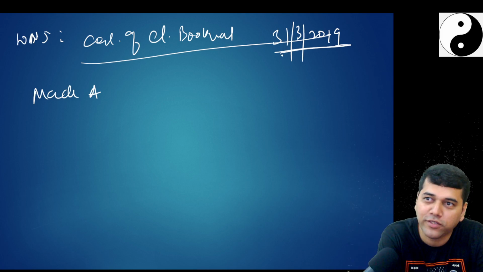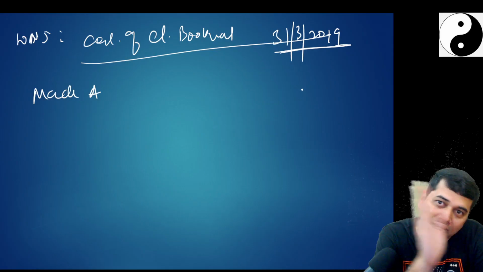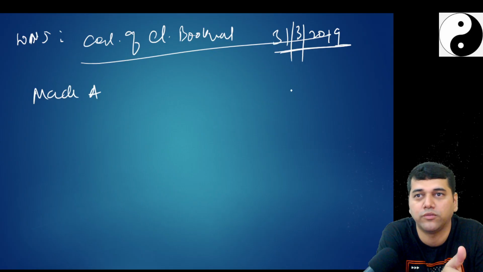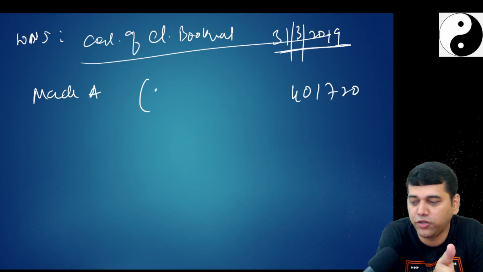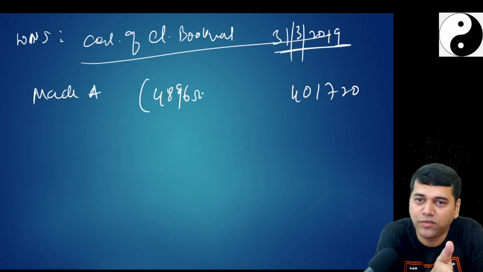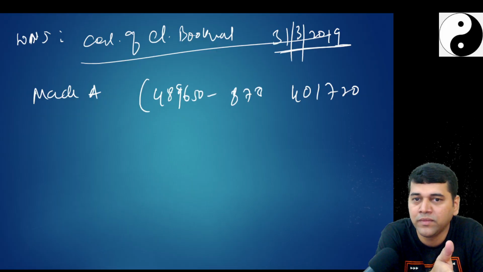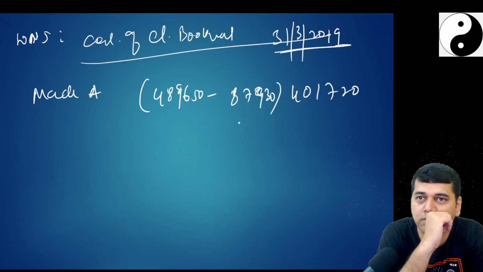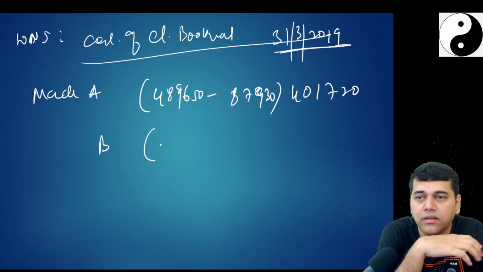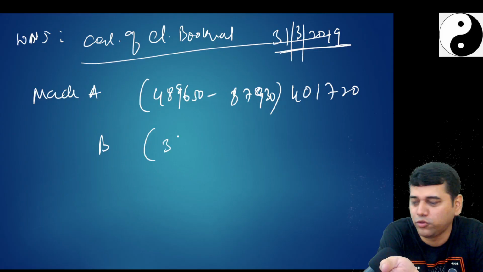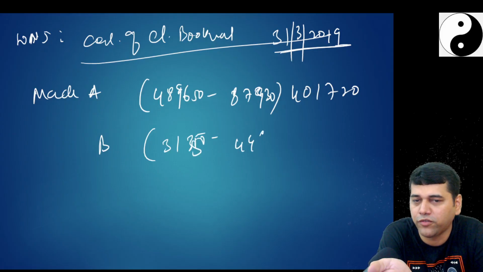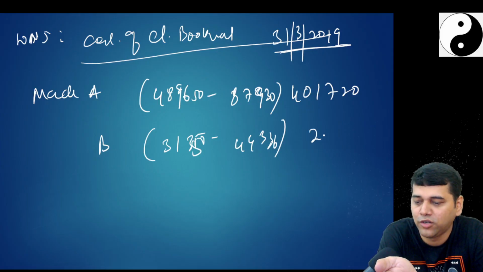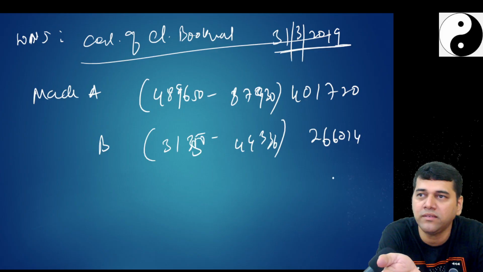Now after those entries, at the end of the first year, what is my book value? 401,720. Perfect. How did you get that? 489,650 minus 87,930, that is 1 year depreciation. B. Okay, I don't ask you because since you told me first correctly, I will assume that second also should be proper. 44,336. 2,66,014. Am I done?